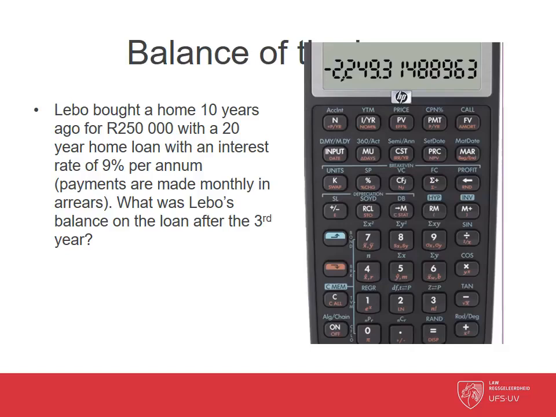So in my 36th month, what did my balance look like? So it's 36, input, second function amort, and that shows me what I've chosen, and I say equal. That was the principal that I paid, my interest, and this is what Lebo currently owes on this loan. She owes 234,590, let's say 96 Rand. So that is how you calculate the balance.